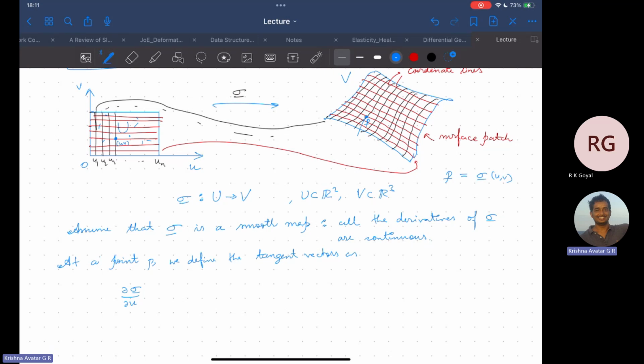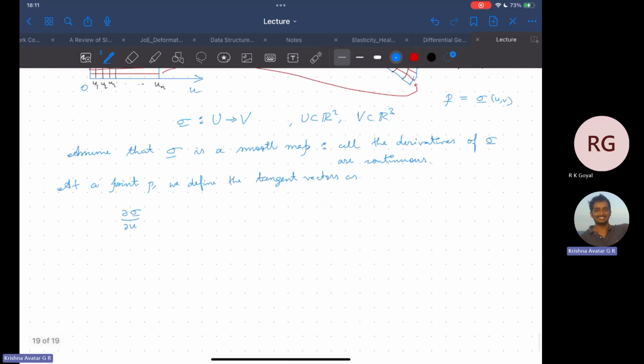Let's take an enlarged picture here. So let this be (u, v). I'll make it a proper curve. Right?